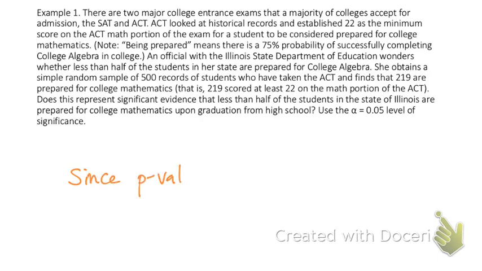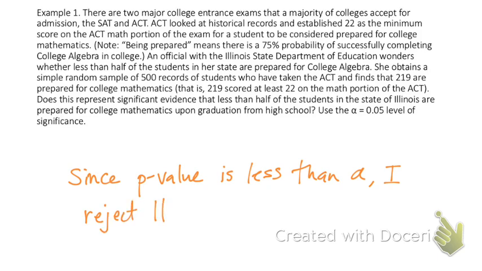Since the p-value is less than alpha, I reject H0. That's your step 5. Something along the lines of p being less than alpha, I reject H0.